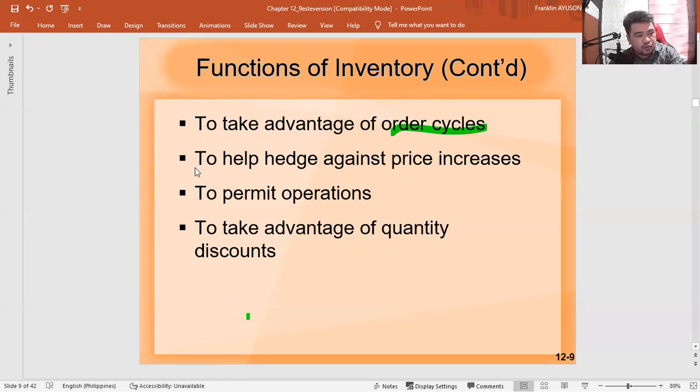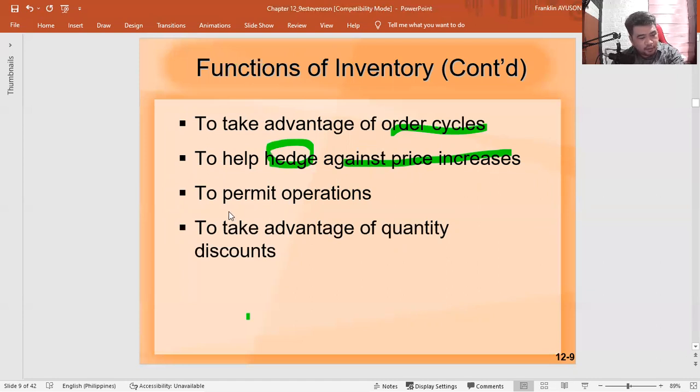Another example of why a company maintains inventory is to hedge against price increases. For example, if there will be an increase in the price of our component parts or materials, companies will buy more of those items to protect against the price increase. So you are hedging.